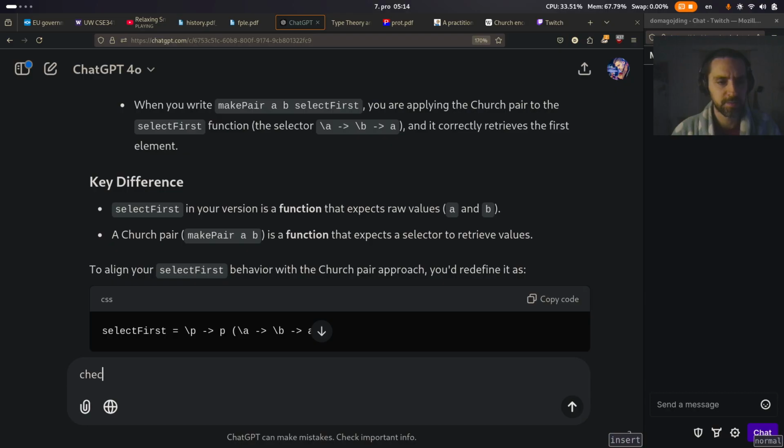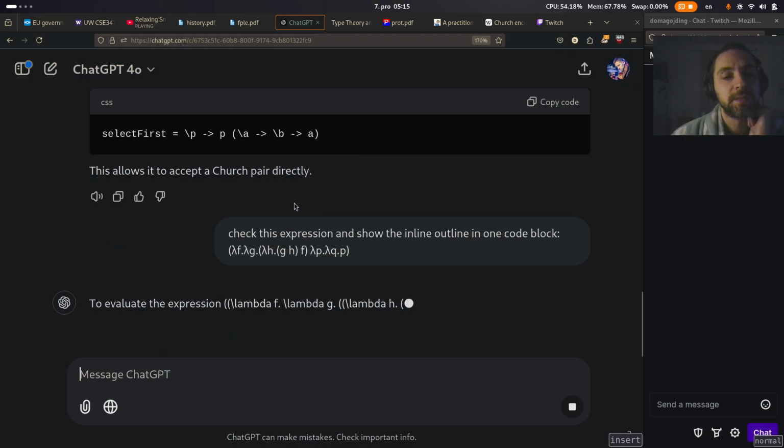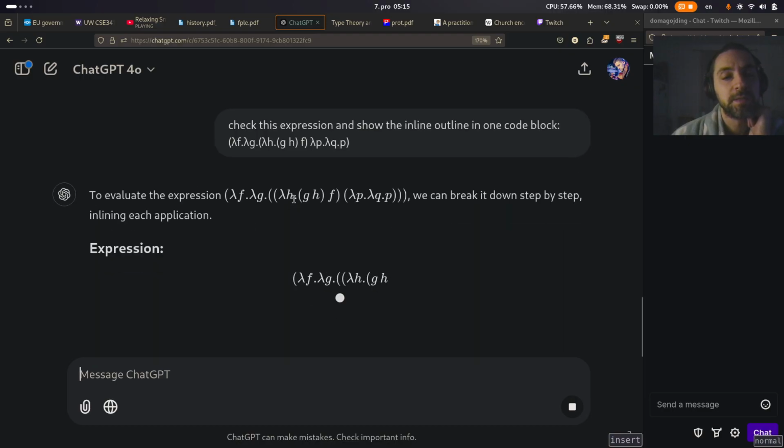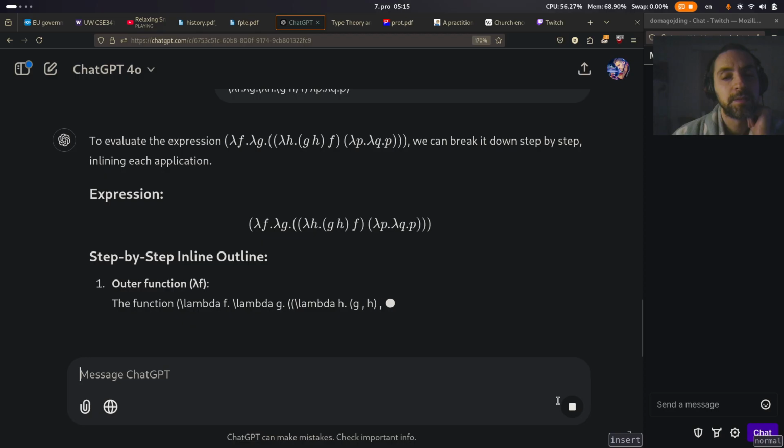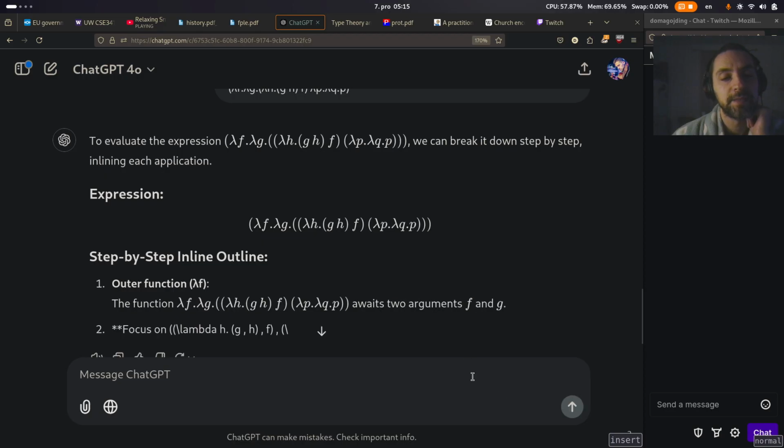Okay, so check this expression and show the inline outline in one code block. Okay, I said show in one code block.